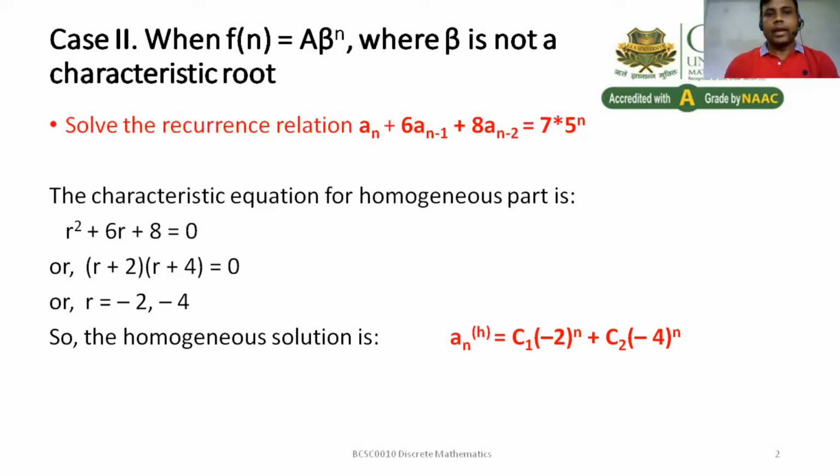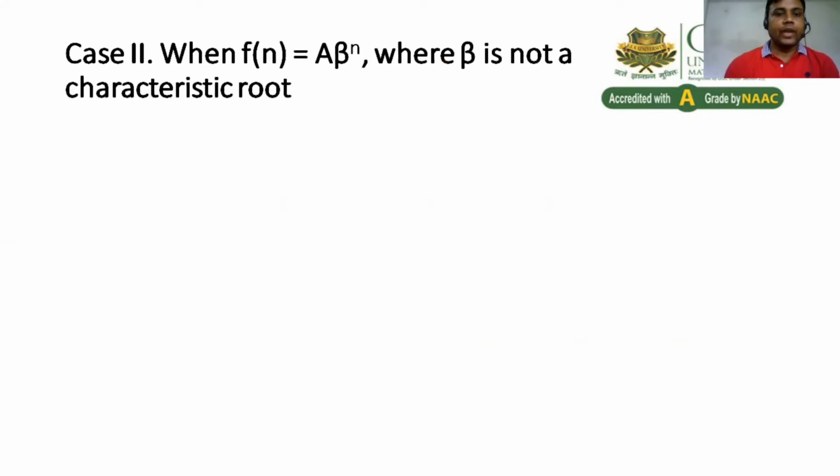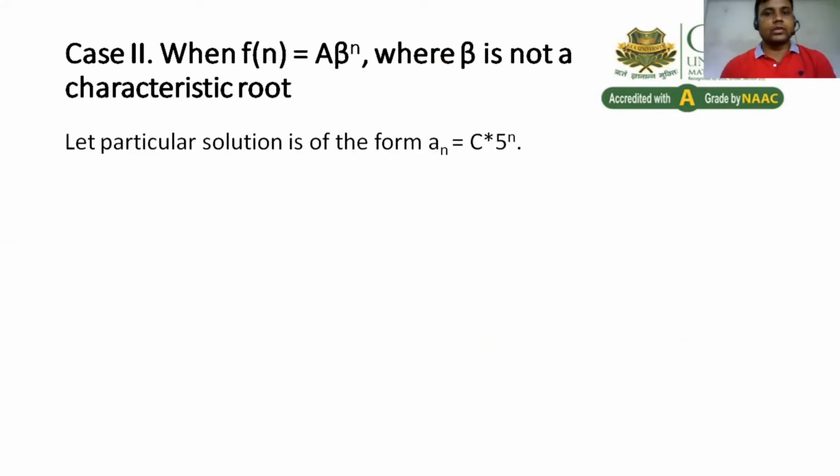Now, in this case beta is not a characteristic root. Why are we doing this? Because here we have 5 to power n, and this 5 is not a characteristic root. As we can see, minus 2 and minus 4 are the characteristic roots, but 5 is not. Therefore, for that condition we consider the particular solution to be of the form c into 5 to power n.